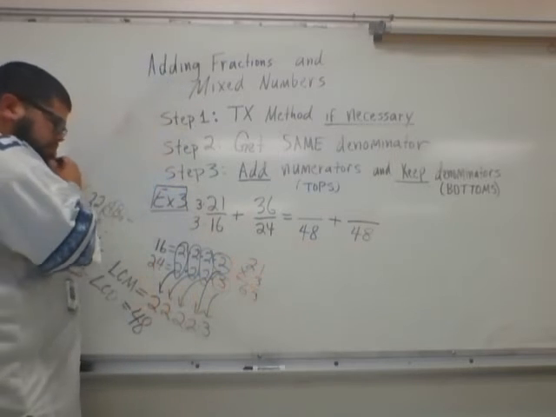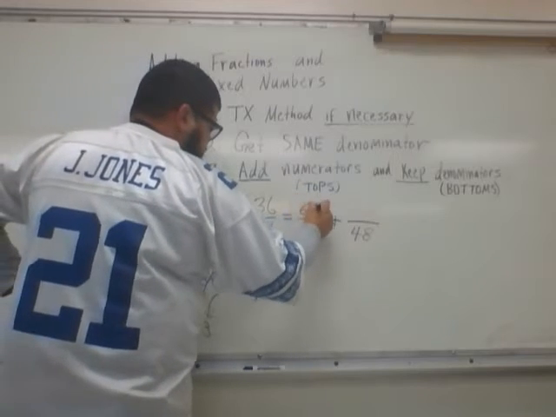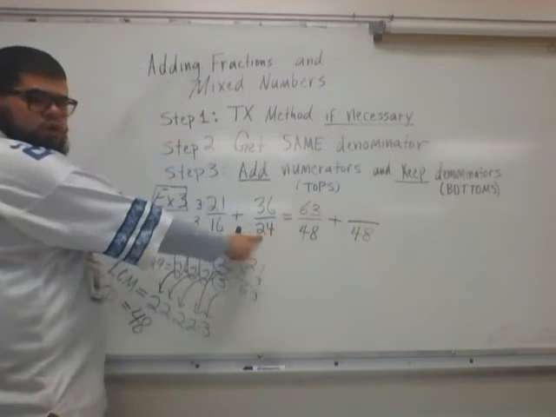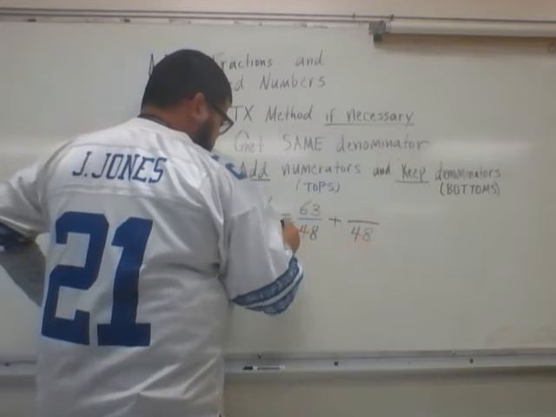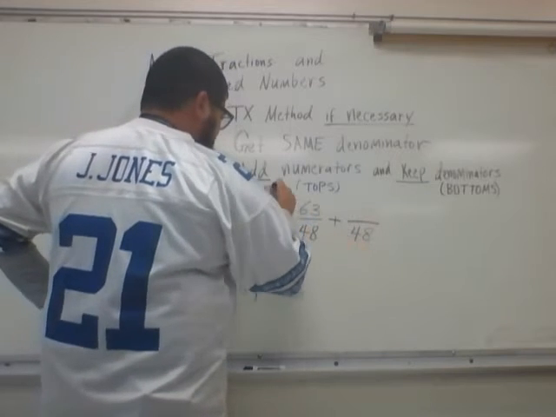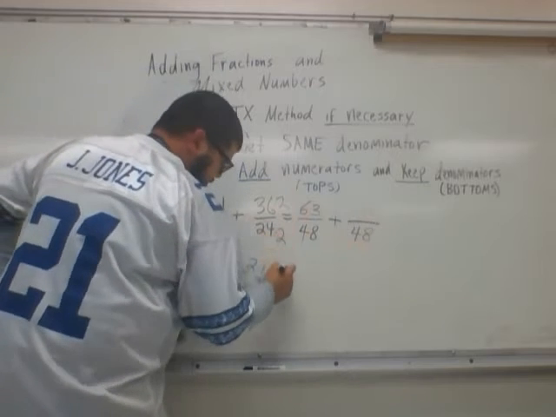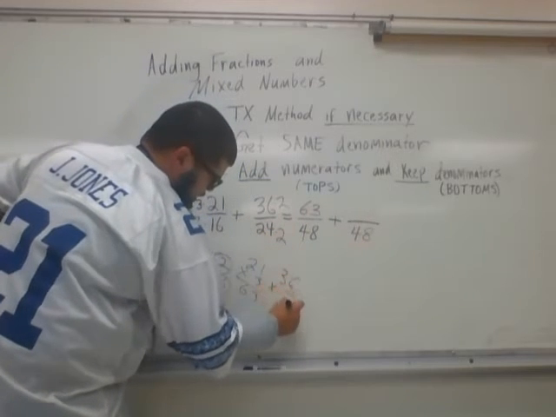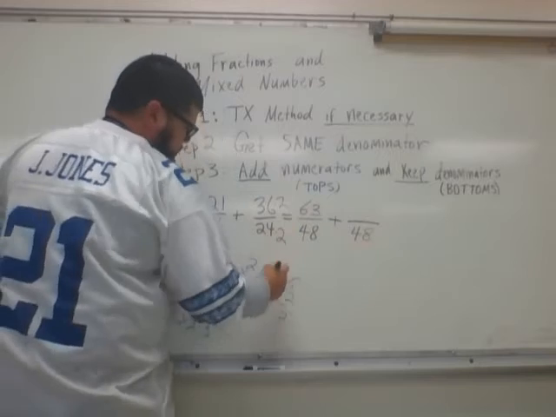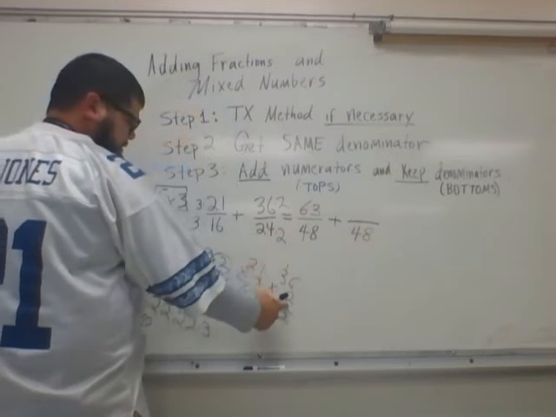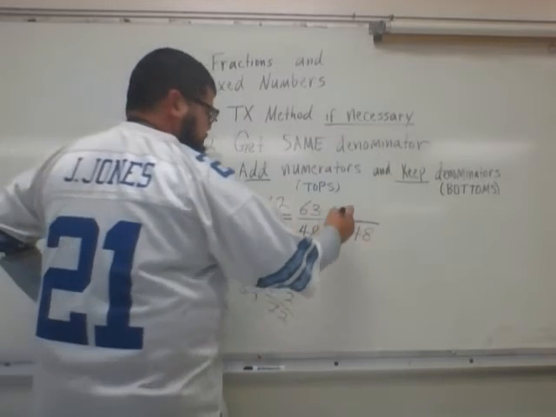So yeah, 63. How do I get 24 to be 48? Times 2. Whatever I do to the bottom, I do to the top. 36 times 2, I believe it's 72, but if we don't know, 2 times 6 is 12, carry my 1. 3 times 2 is 6, plus 1, 72.